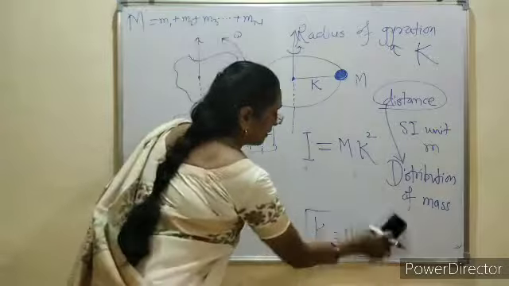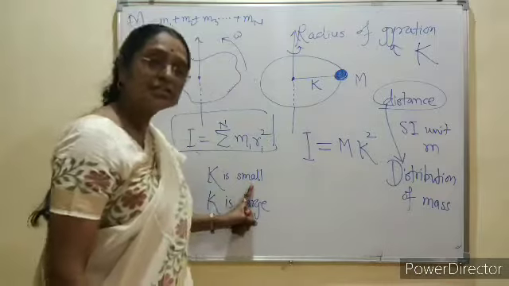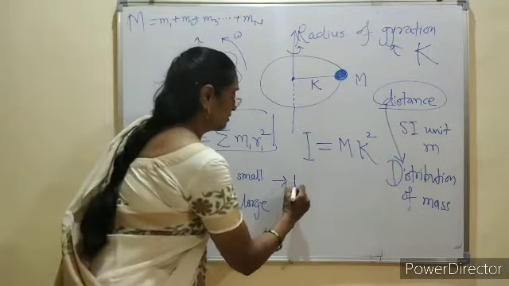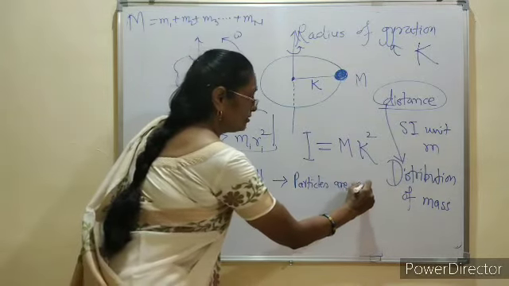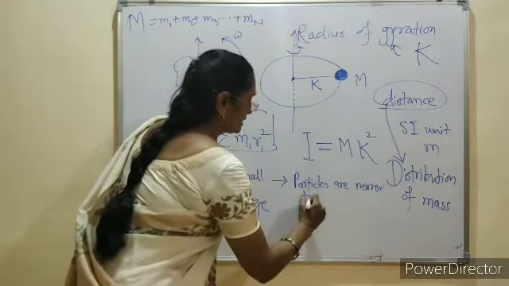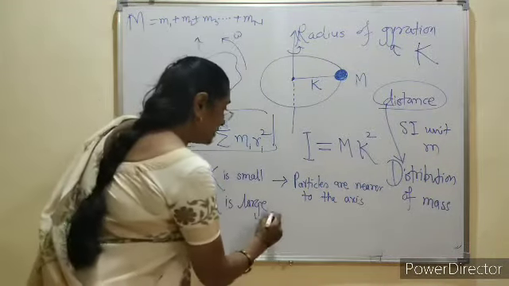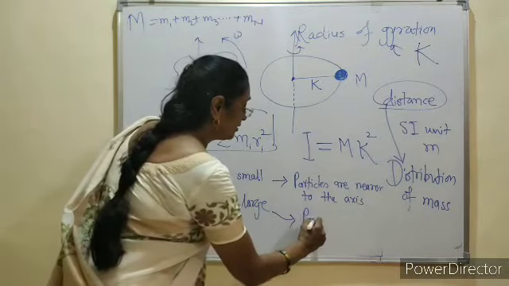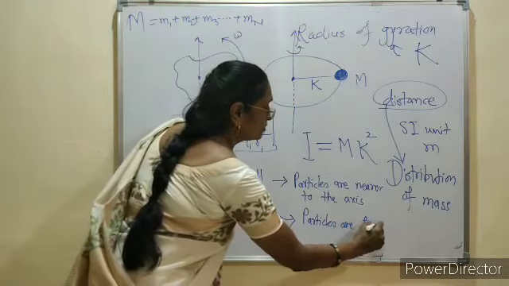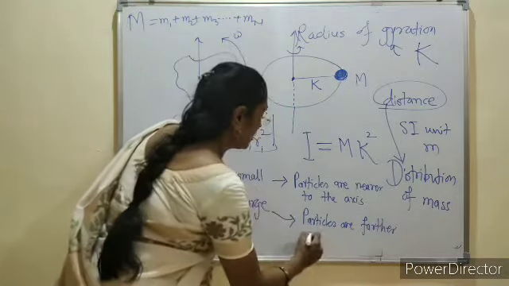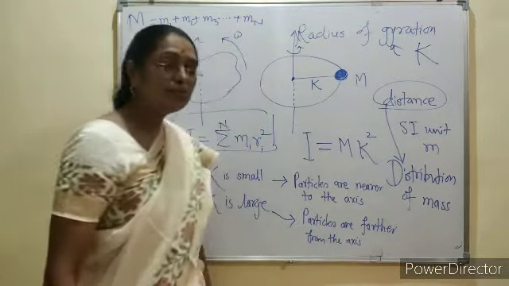So here I write the description like this: if k is small, we mean that particles are nearer to the axis. If k is large, we can say that particles are farther or away from the axis. So we have to mean it like this.